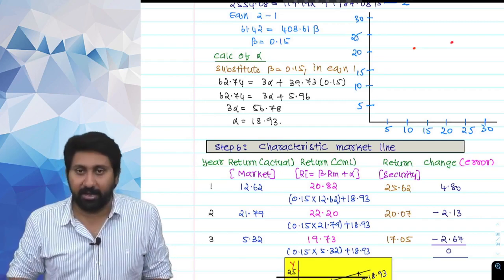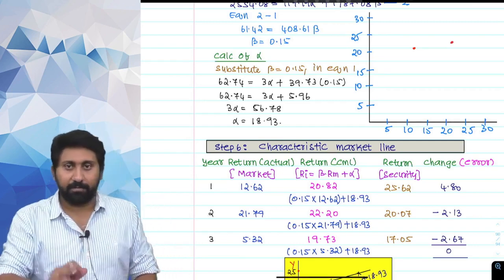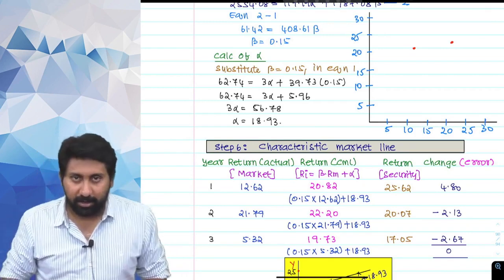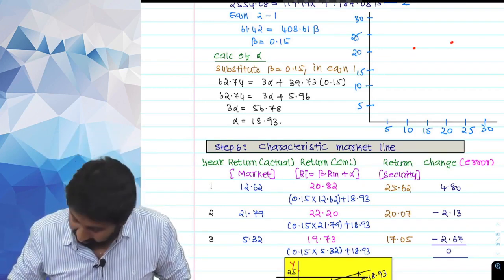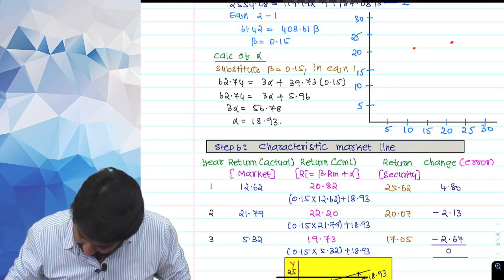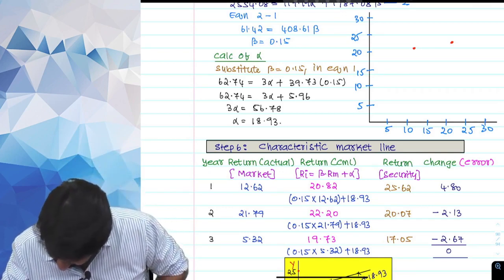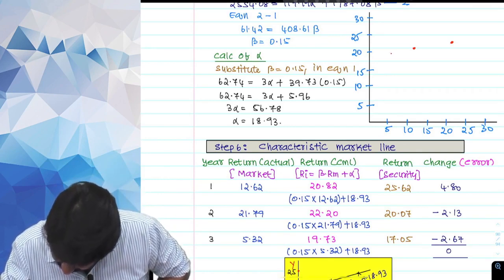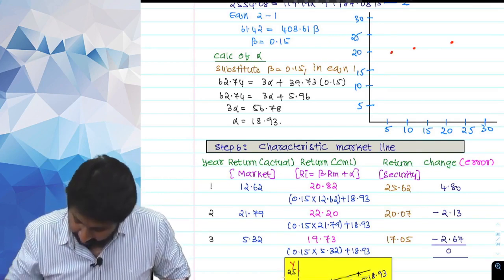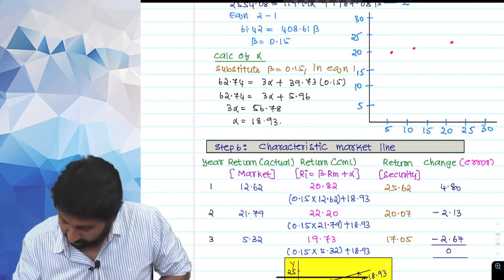Somewhere here. Accuracy, leave it off, I approximated it. Next, after that, 5.32 and 19.73. It will stay somewhere here.